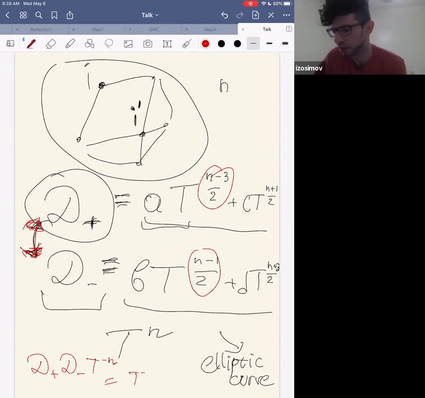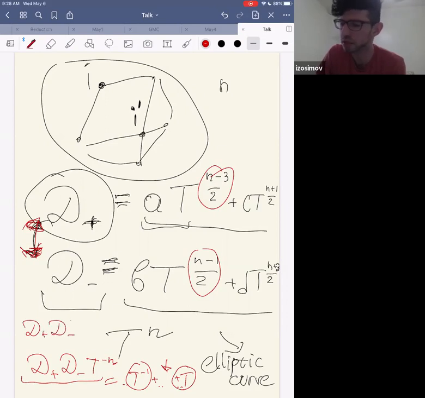Namely, it's basically an operator which contains just one shift to the left, one shift to the right, and a scalar function. So the algebra contains this very simple operator of order 2. And in addition to that, we can consider this operator, which is d plus d minus inverse.